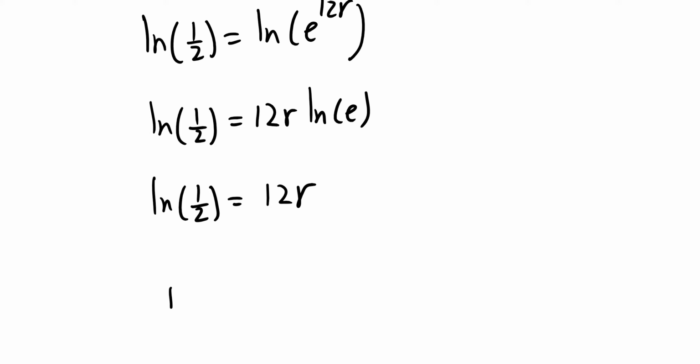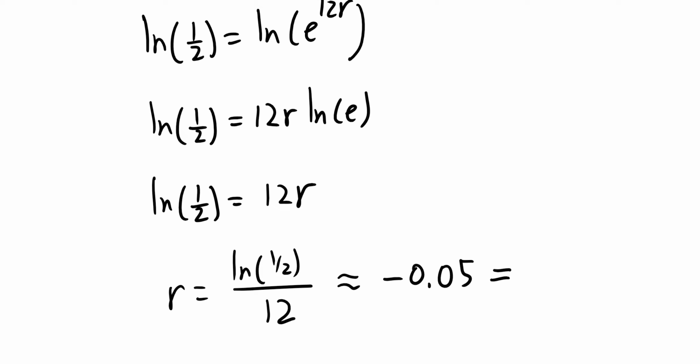To get r by itself, you divide both sides by 12. And if we put that in the calculator, that gives negative 0.05. So you can say it's negative 5%. That's the rate. Notice how we used the rules of natural logs here to finish solving for r.